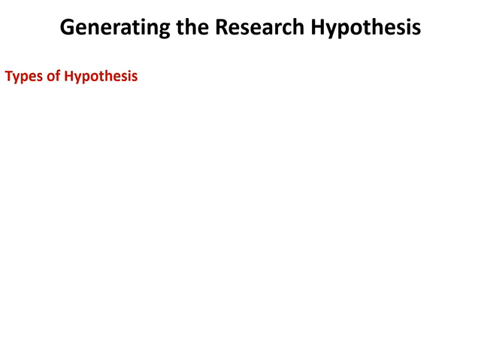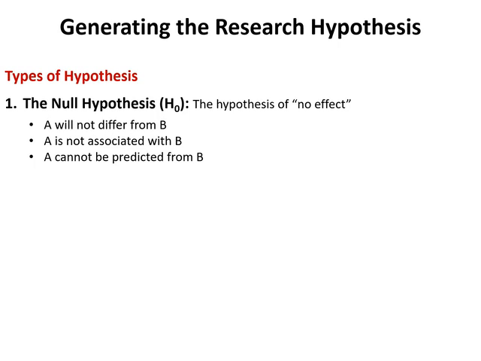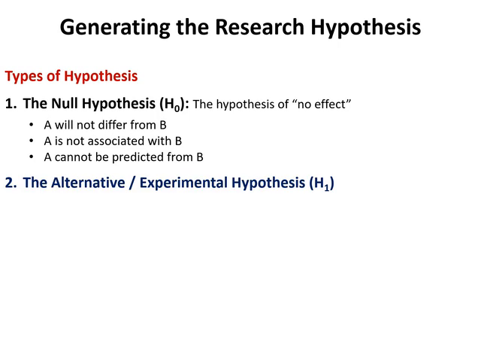We have two types of research hypotheses. The first one is called the null hypothesis, or H0, or the hypothesis of no effect. In this type, we assume that there is no significant difference between the two compared groups, or no association between them. The second one is called the alternative or experimental hypothesis, H1.